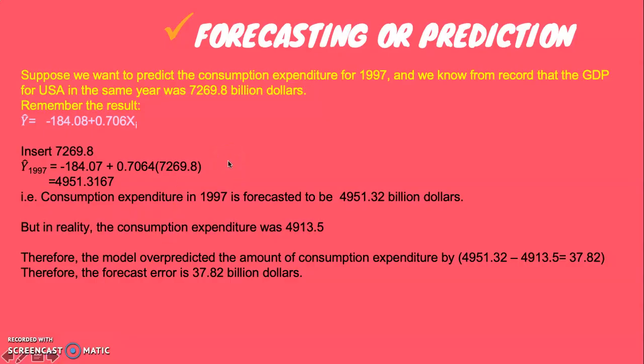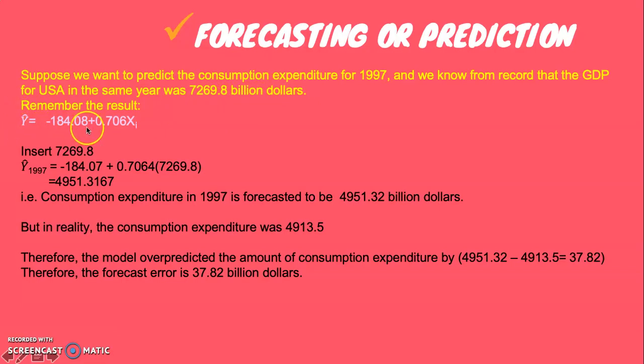Now, let us use our model for forecasting or prediction. Suppose we want to predict the consumption expenditure for 1997, and we know from record that the GDP for USA in 1997 was $7,269.8 billion.